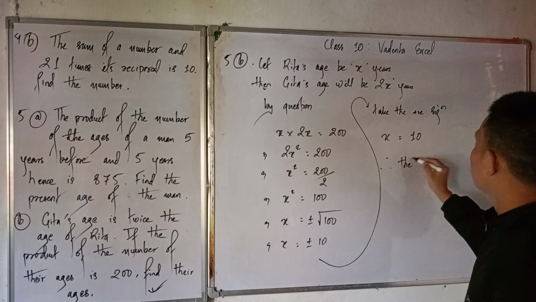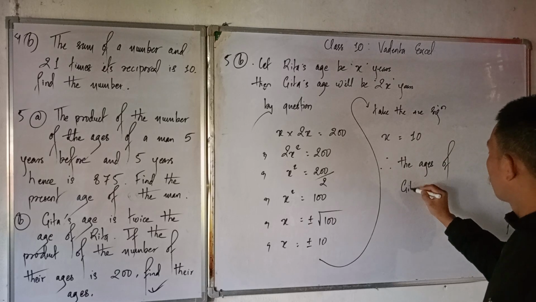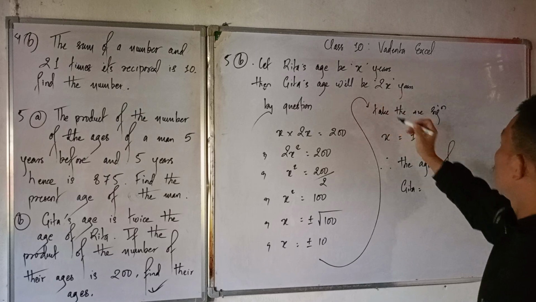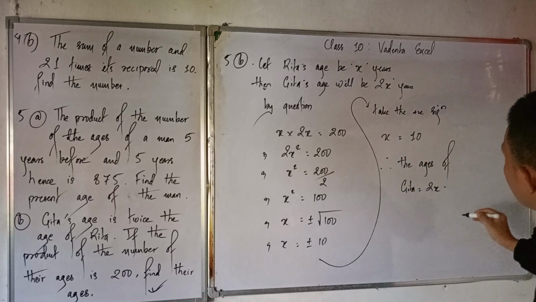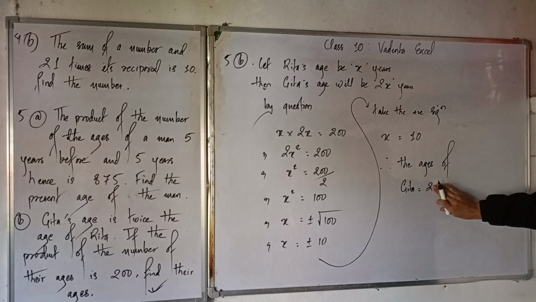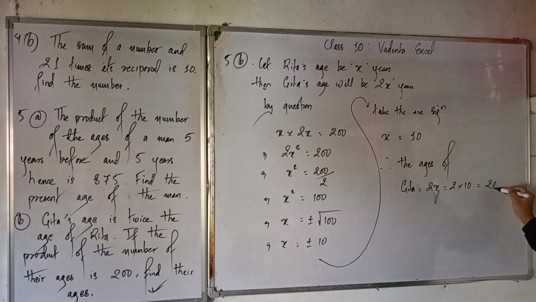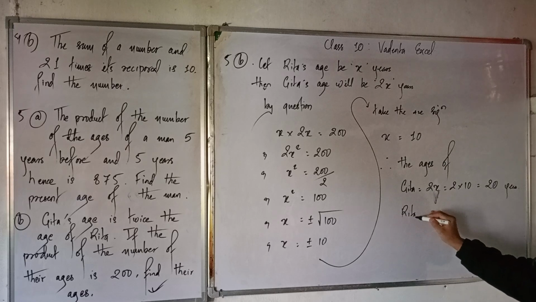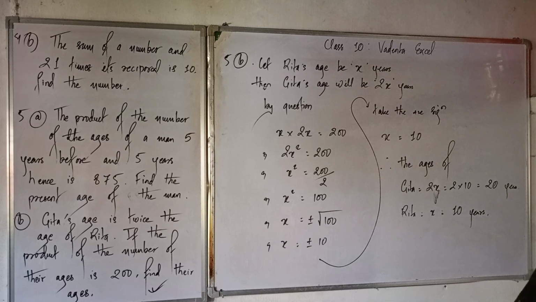Therefore, Gita's age will be 2x, that is 2 times x, 2 into 10, which is 20 years. And Rita's age will be x, that is 10 years. And this is the answer.